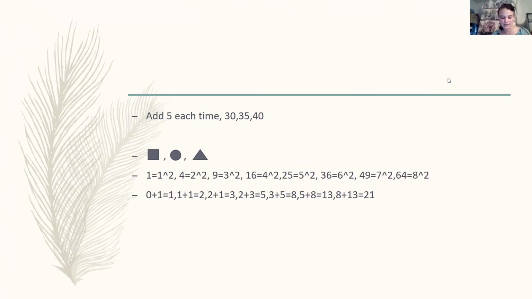The third one is a sequence that appears to be just the squared numbers. The fourth one, we are starting with 1 and adding any 2 terms to attain the next number in the sequence.